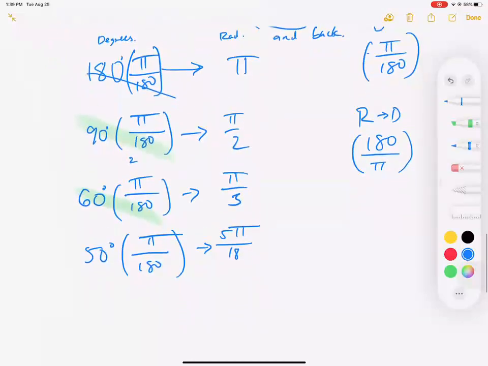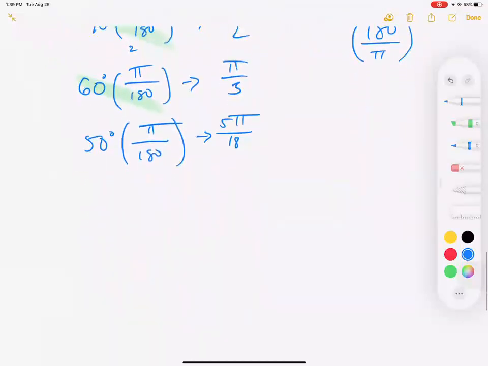If you want to go backwards, let's go from radians to degrees. Okay, I have pi over 4 radians, and I want to change this to degrees. So you state what you want. I want degrees, right?